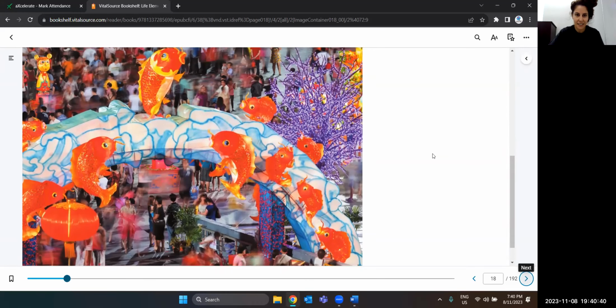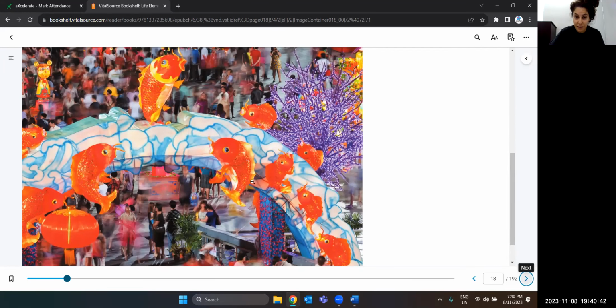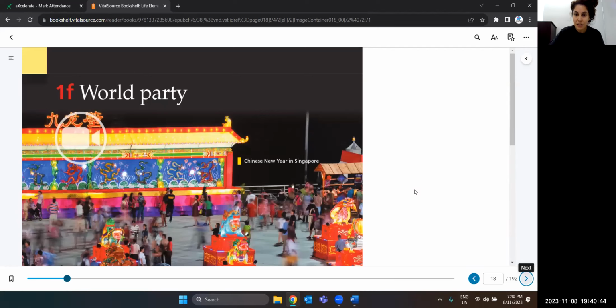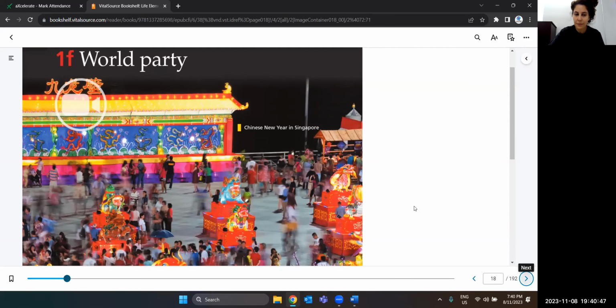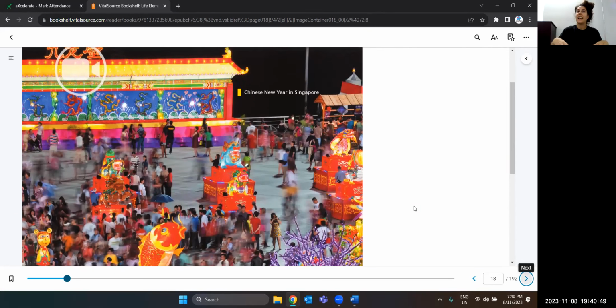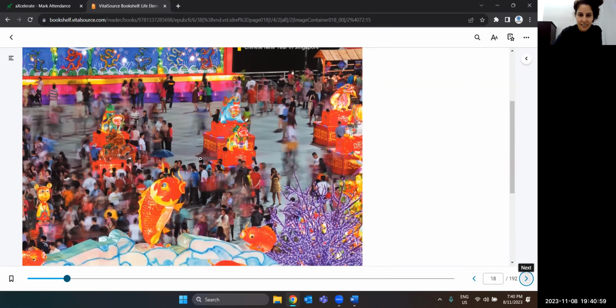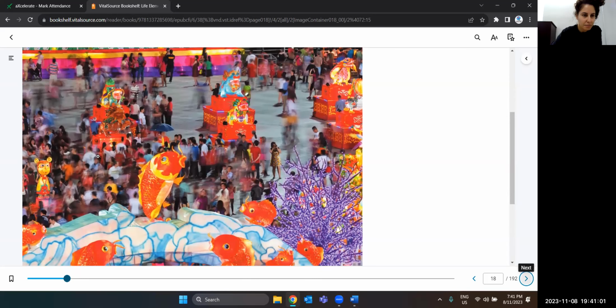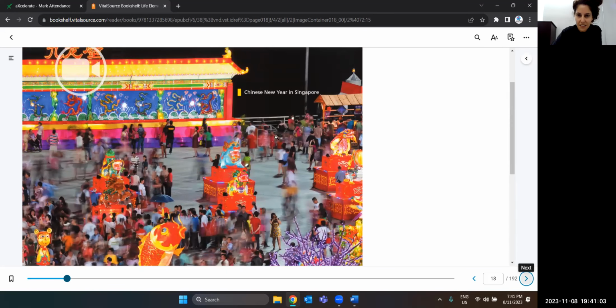So you can see, I guess it's the year of the fish. In Singapore, I guess every year they have an animal to represent that year and what it means. So this must be the year of the fish. It looks like there's lots of things to do. The people are out and enjoying it.